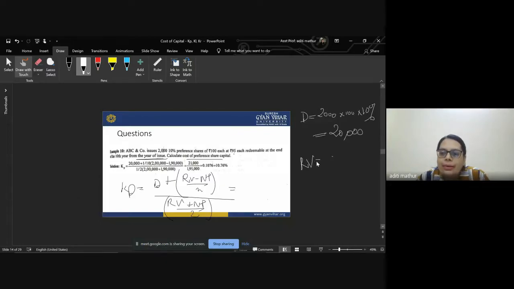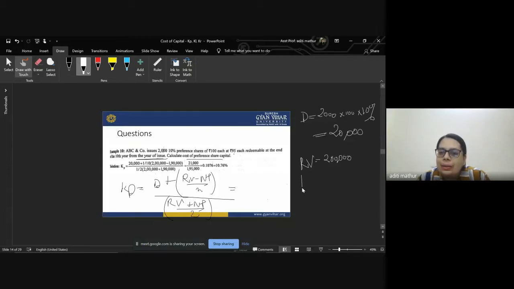Our redeemable value is equal to 2 lakh, because there is no information given to us that the redemption is at premium or at discount. So we will assume that it is at par, and that is why 2,000 shares will be redeemed at 100 each. And therefore, our redeemable value will be equal to 2 lakh rupees.